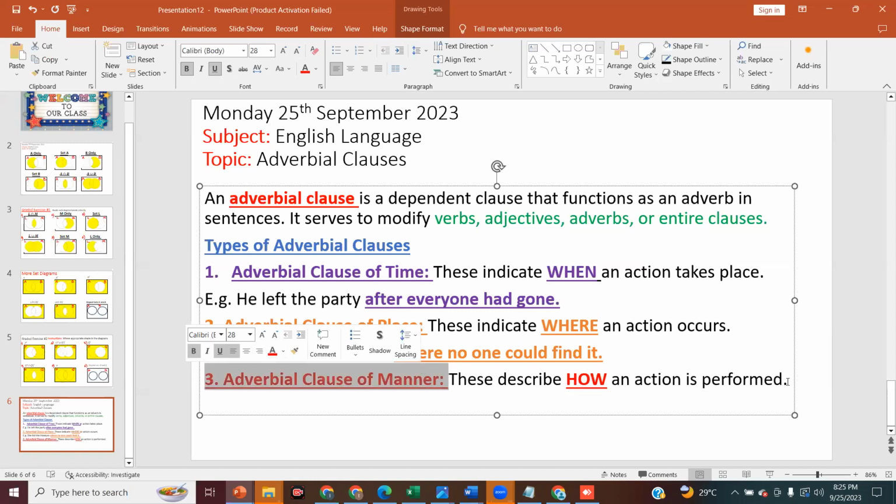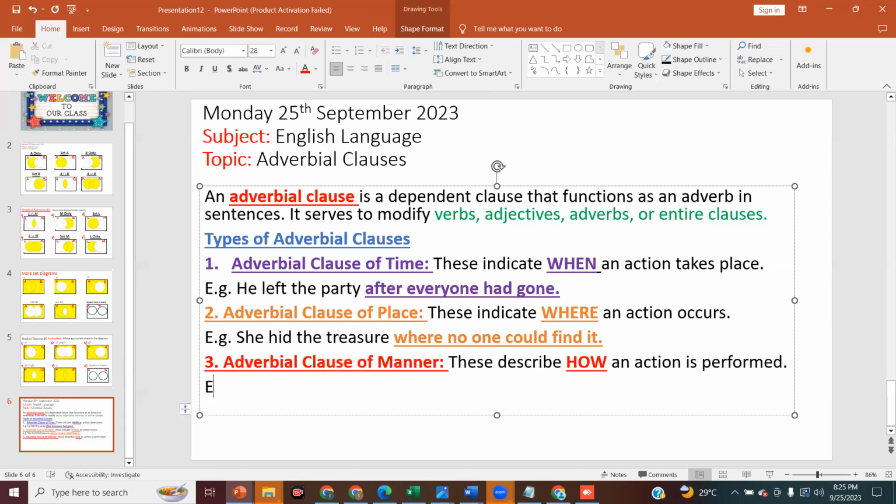So let me give an example. He apologized in a way that made everyone forgive him.